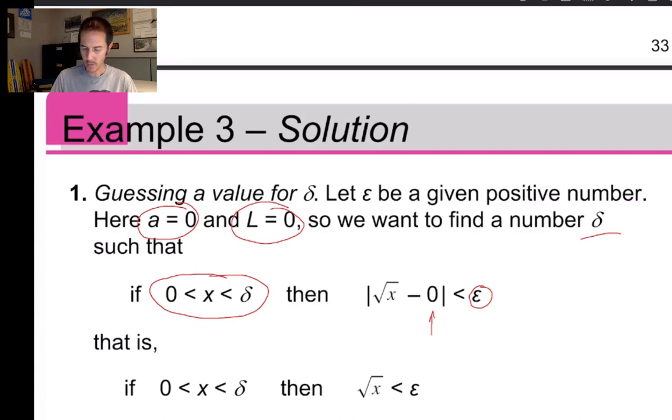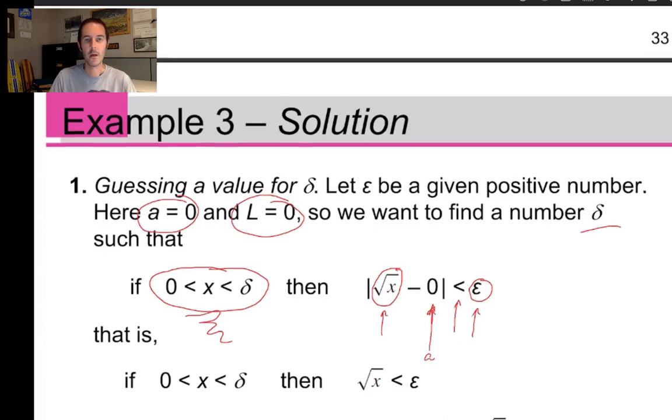I'll say that one more time. These delta values over here are going to compel our y value, that's f of x, to be within some small distance away from 0.